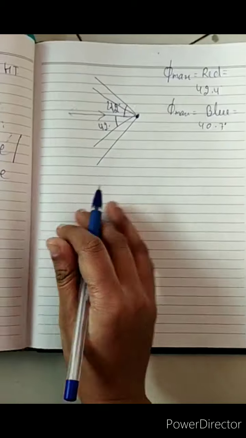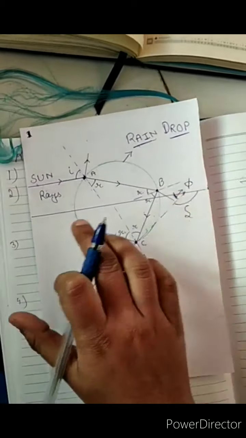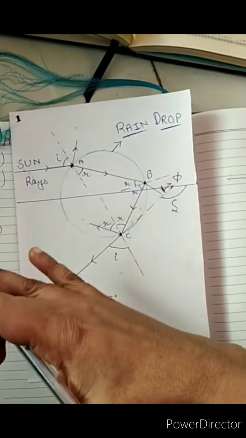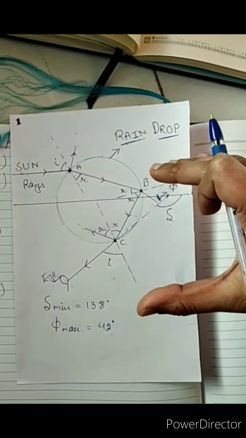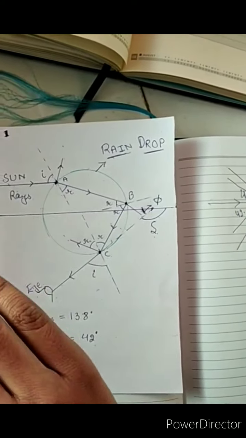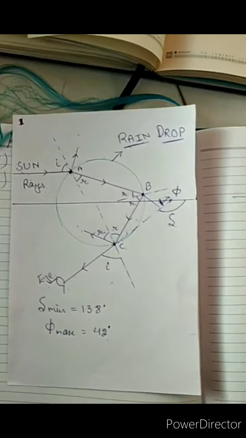So you have to think that this raindrop is reflecting back a cone. You have to think of this in the form of a cone that is coming to you in the form of the colorful rainbow, red outside and blue inside. How? I will explain.